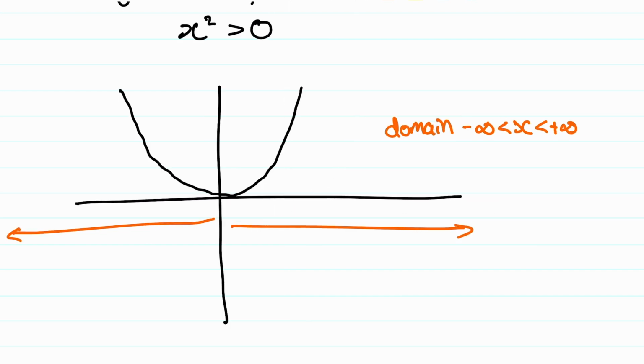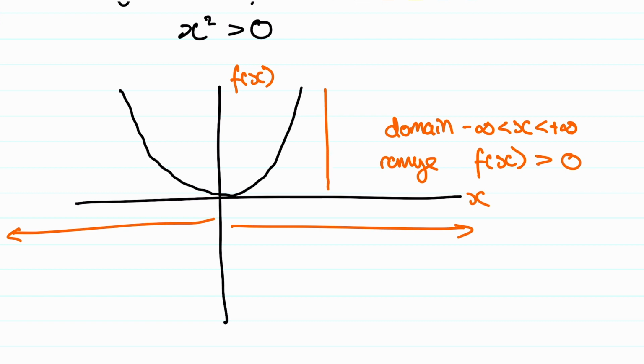But as we said, we could only ever get out positive values from squaring a number. So our range is f of x is greater than or equal to 0. So this is f of x here on your y-axis, if you like, and this is x on your x-axis. And you can see the domain and the range on the graph because our line is only ever found in the positive region of f of x.